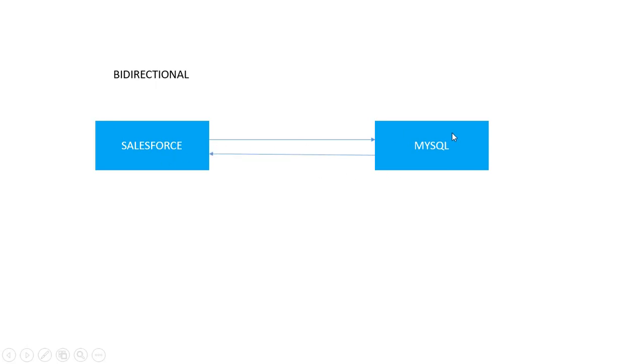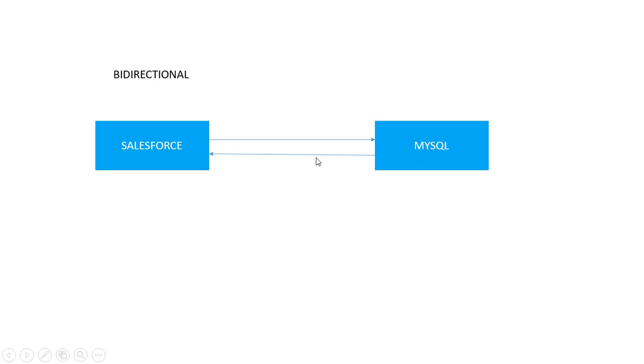This is a bidirectional flow of data. For example, when somebody updates the data in MySQL, it directly updates the data in Salesforce, and when Salesforce customers update some data, that update is also sent to the MySQL database system.